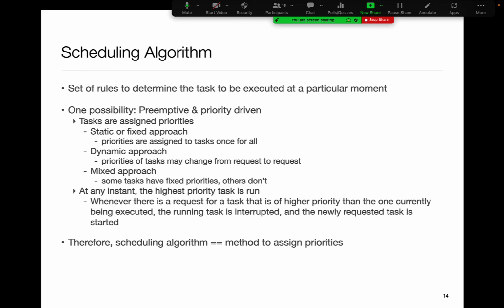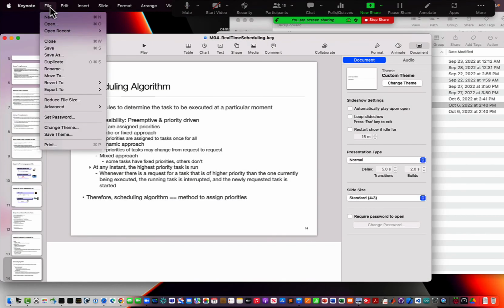But the scheduling algorithm is super simple. All the OS will do is say that at any instant the highest priority task is the one which is going to run. If you recall, in the previous lecture I had that diagram. Let me pull it up.